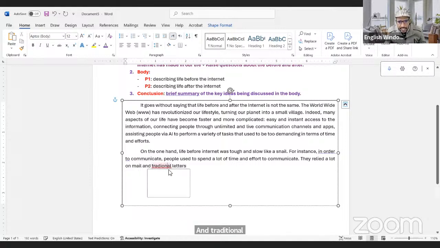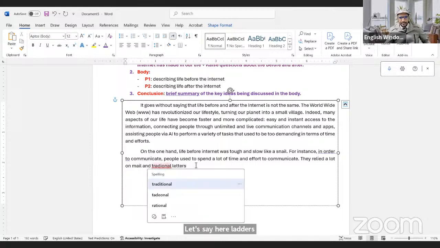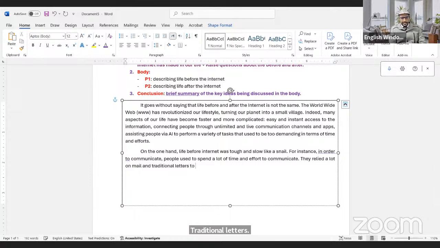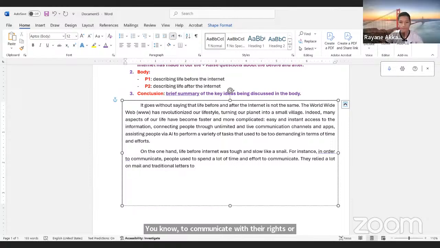Traditional letters. To communicate with each other, to talk to each other.